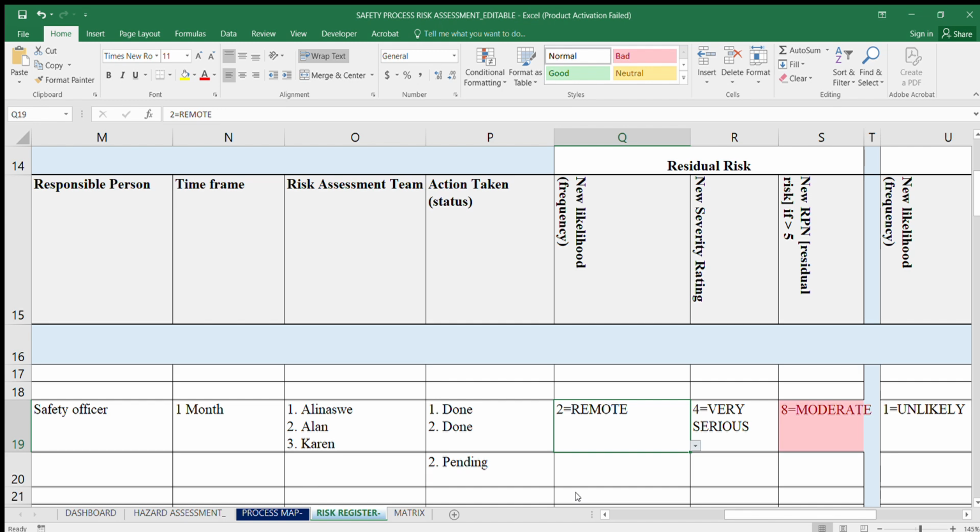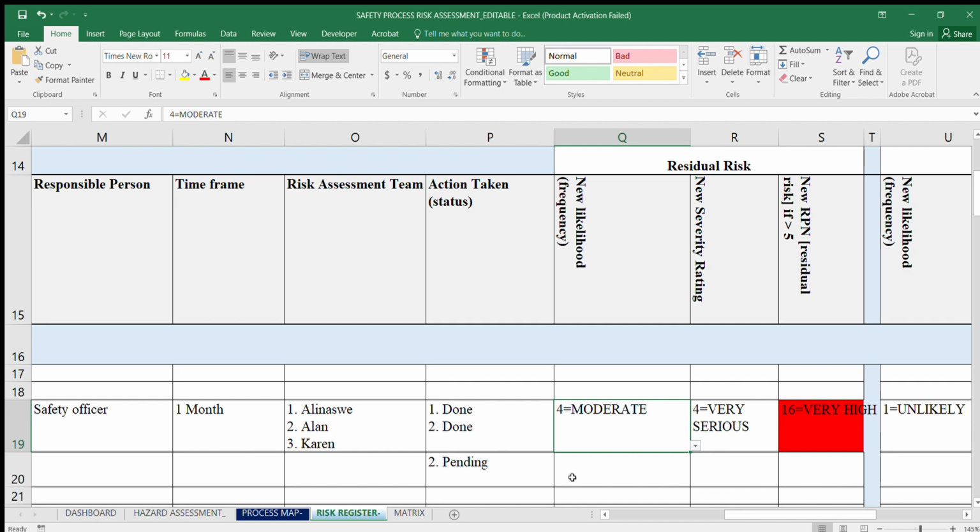So the incident management will tell you that this has happened, and therefore your likelihood will jump from remote maybe to moderate. So you have not implemented, and since you've not implemented, something has happened on a couple of occasions.